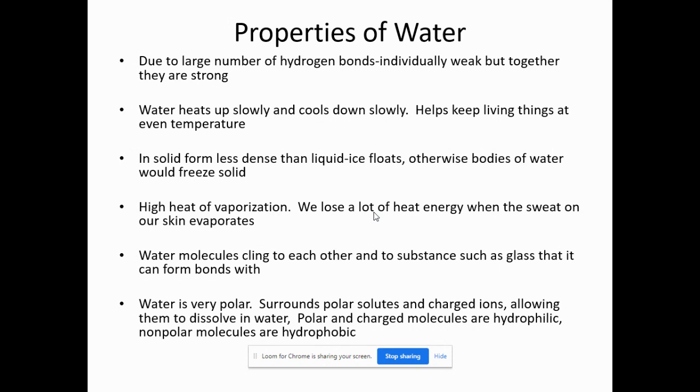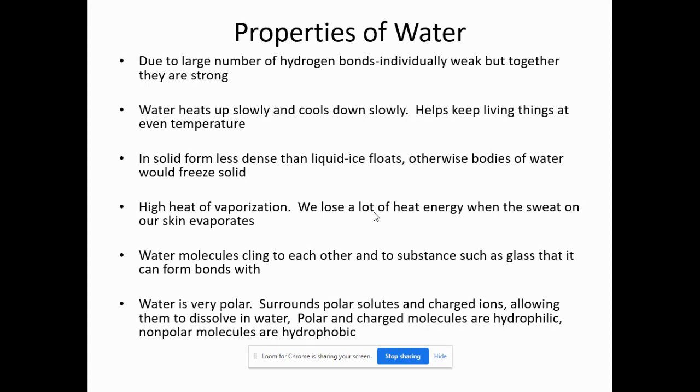And water is very polar. It surrounds polar solutes and charged ions, allowing them to dissolve in water, meaning that water is a great solvent. What is a solvent? It's a substance that can dissolve other substances. For instance, we talked about sodium chloride.